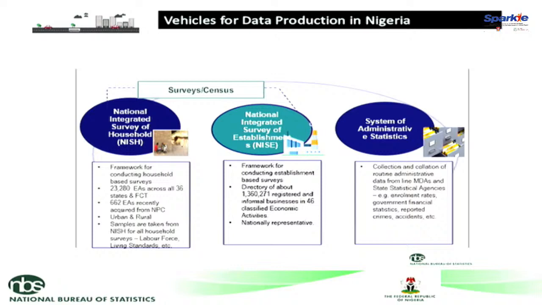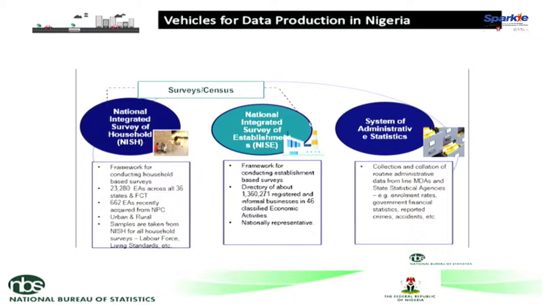We have the National Integrated Survey of Households, which is abbreviated as NISH. All household-based surveys or studies are done using this very tool. The NISH is a framework for conducting household-based surveys, and it has about 23,280 EAs across all the 36 states of the Federation.